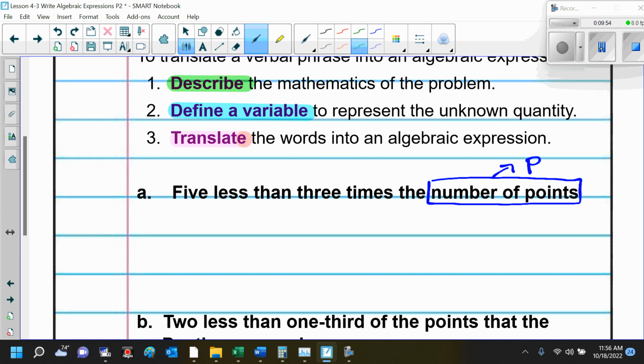Now, let's take a look to see what words tell us the operations. What words tell us the operations? So times here, 3 times specifically, right? So here we're going to multiply times 3. This is how we show our work. What other operations are we doing here?